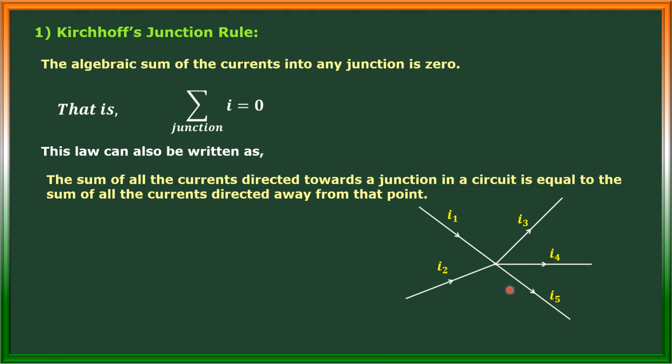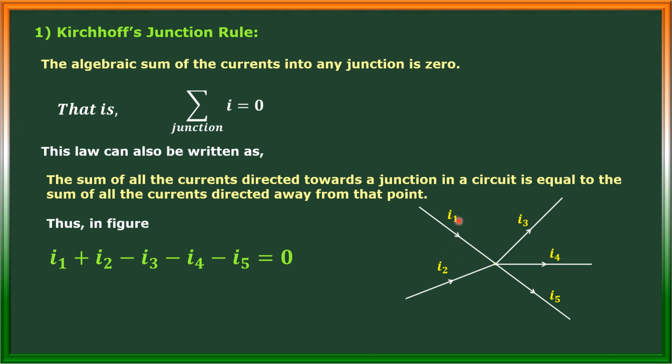If we consider the currents directed towards the junction as positive and the currents directed away from the junction as negative, Kirchhoff's junction rule can be written as I1 plus I2 minus I3 minus I4 minus I5 is equal to 0.